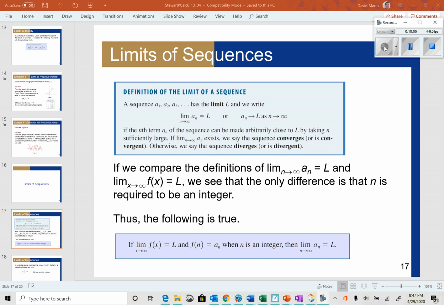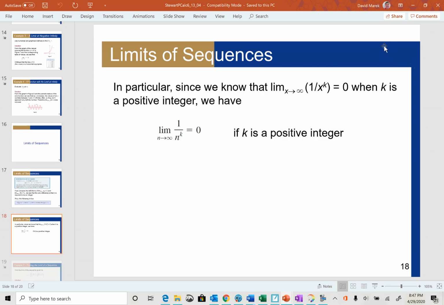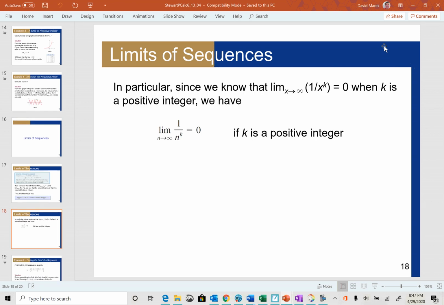Okay, we can talk about the 20th term, the 2000th term. We can't substitute 4.2 in place of n. Since we know that the limit as x approaches infinity of 1 over x to the k is 0, we looked at that just a little bit earlier here, the limit as n approaches infinity of 1 over n to the k is also 0.